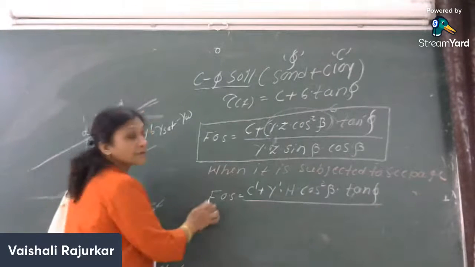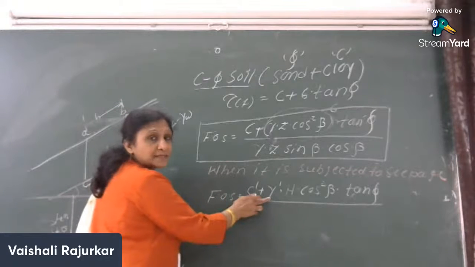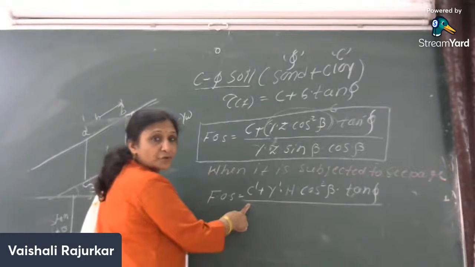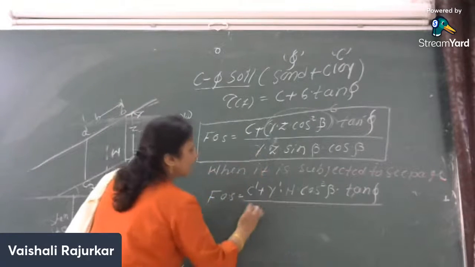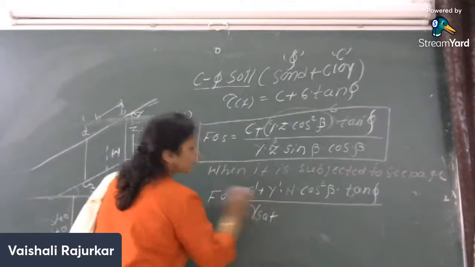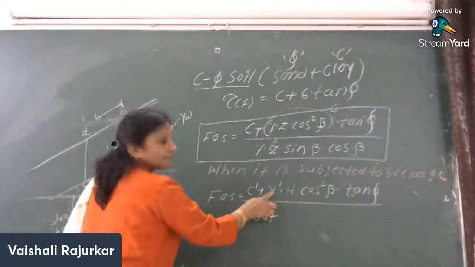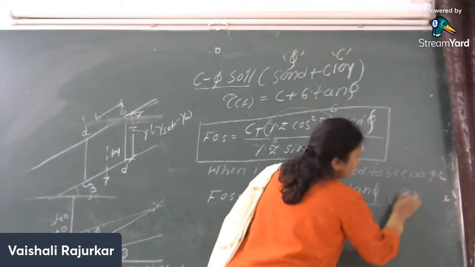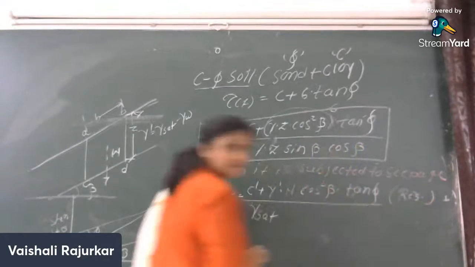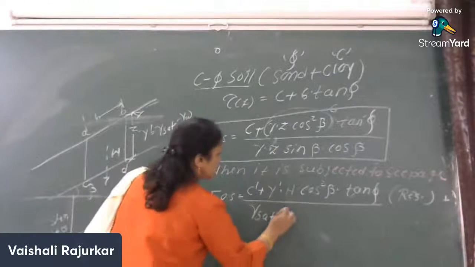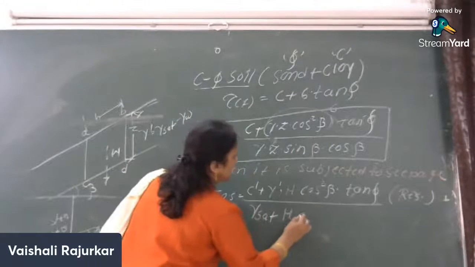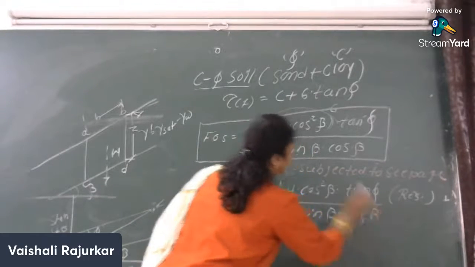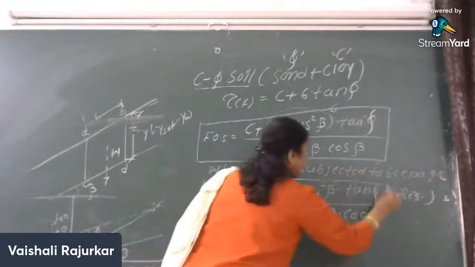In this case, this is the worst condition where the resisting force is less and the sliding force is more, when this gamma becomes gamma saturated and here this gamma becomes gamma submerged. So it is gamma saturated H into sin beta into cos beta.